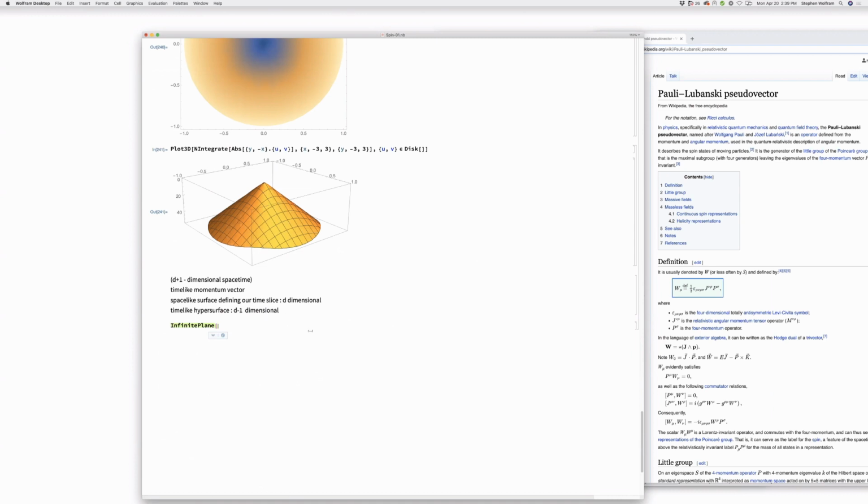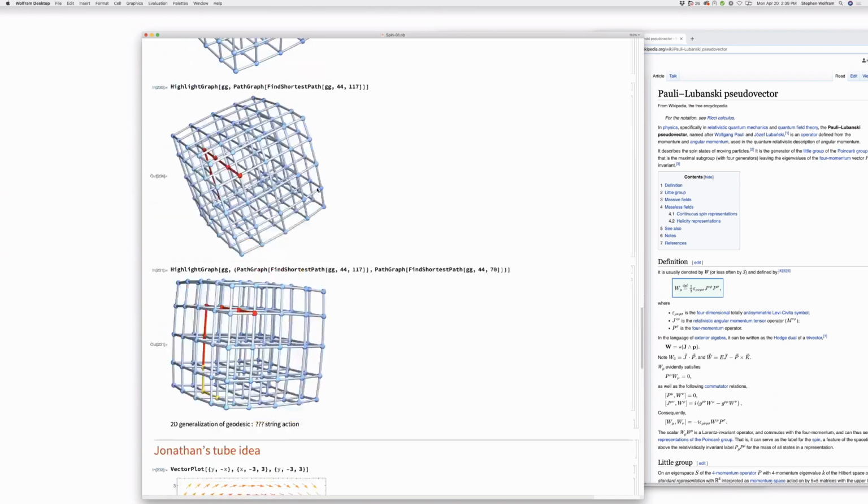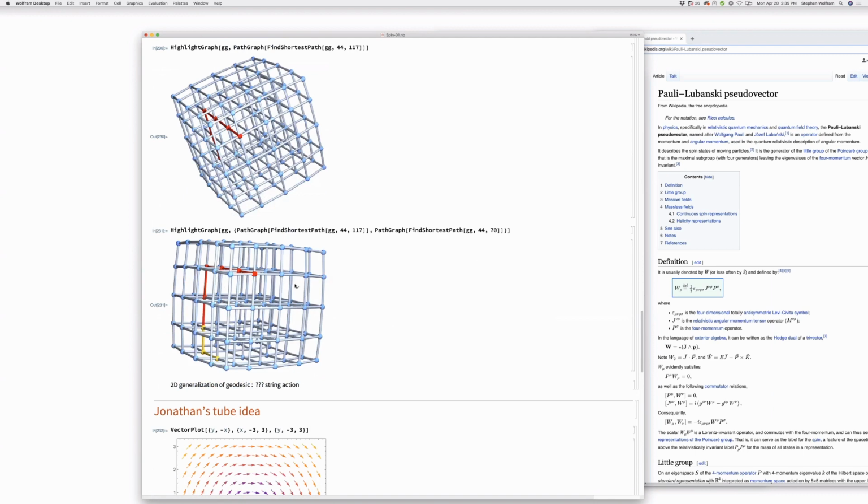So look, here's my speculation. I have multiple speculations. First of all, right now our model graph here does not have any kind of circulation in it, so this is not going to have any intrinsic angular momentum or anything interesting like that.